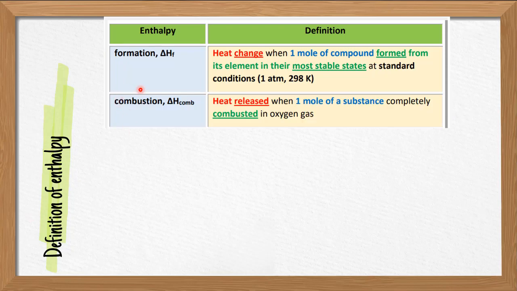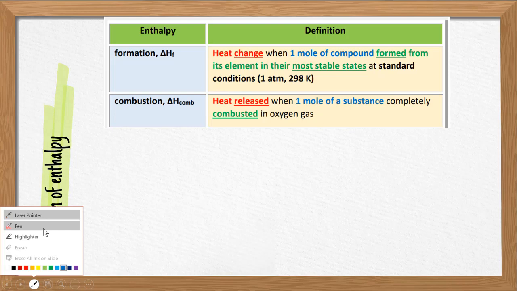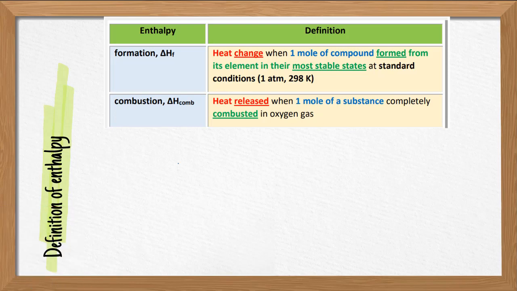Next, we have the enthalpy of combustion, delta H com, and this one is just an abbreviation. It refers to the heat released when 1 mole of substance is completely combusted in oxygen gas. We know that for a combustion reaction, heat is released. That means your delta H will be negative when 1 mole of substance is completely combusted. Let me give you one of the examples over here. Let's say we have CH4 as our substance.